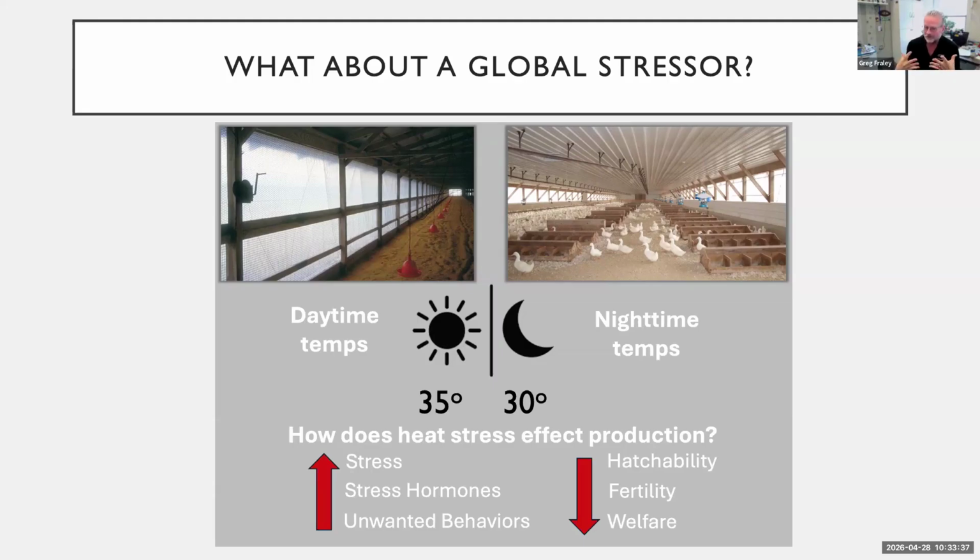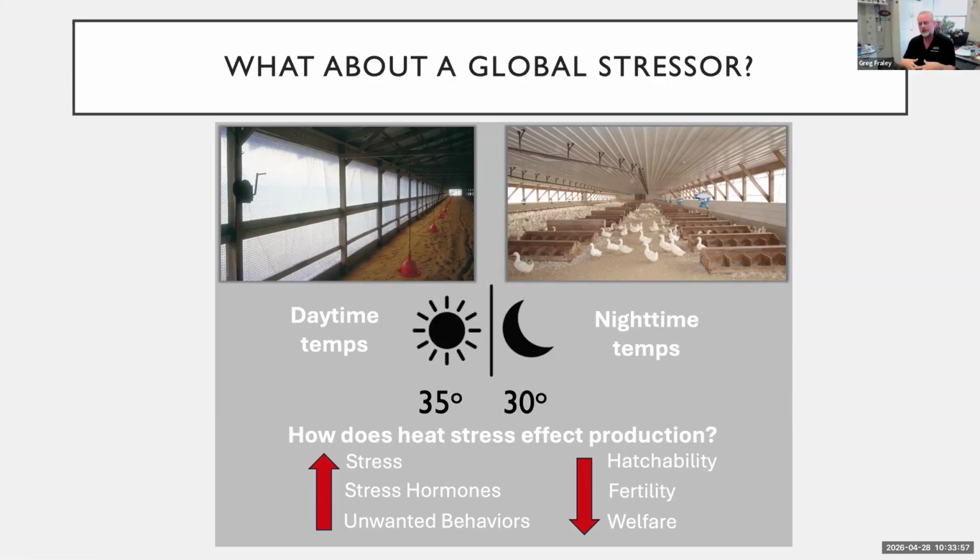Ducks are very heavily feathered. Their feathers are a very important part of the industry. They have that very thick layer of down, which is great. That really does help protect them with heat stress until we get long-term conditions like this, and then it works against them.